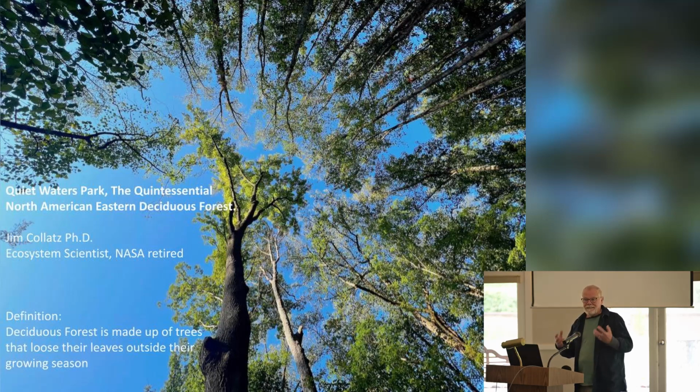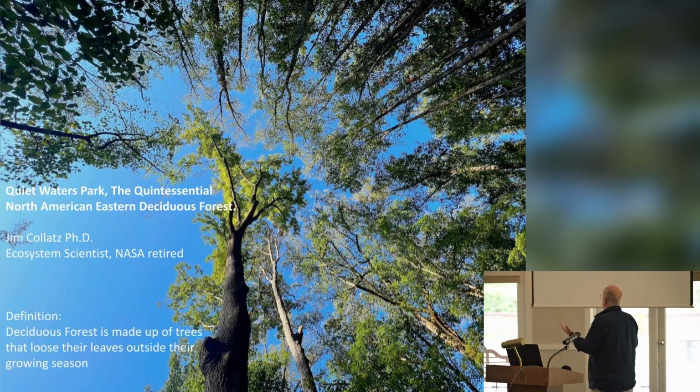Satellites are ideally suited for that because they can see everywhere on Earth every day. So if something changes, if a forest is cut down or burns, we can see it with a satellite, and we can document these things and then relate that to changes in the climate and to changes in the atmosphere.